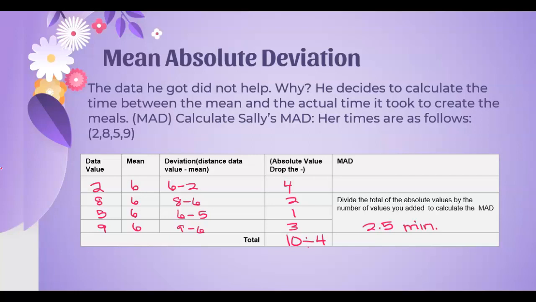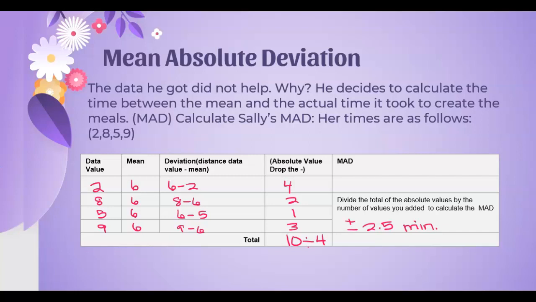So when Sally cooks one of the meals, it's expected to take about 2.5 minutes more or less than 6 minutes. So it could take her 3.5 minutes, or it could take her 8.5 minutes. Somewhere between the mean plus or minus 2.5 minutes.